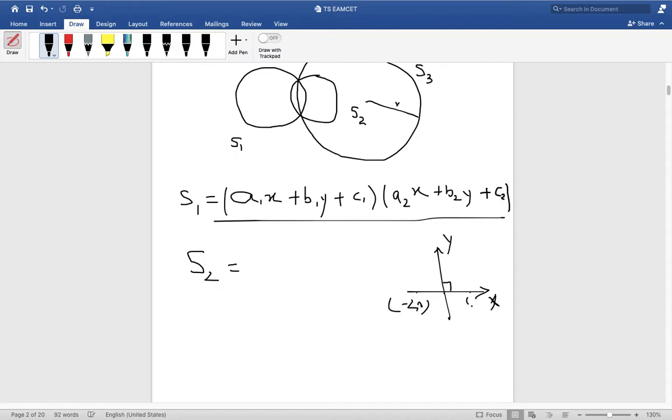This point may be 2, 0. So the y coordinate on all the points lying on the x-axis is 0. So in a way, the x-axis can be represented by the line y equals 0, and the y-axis can be represented similarly as x equals 0. Since I am saying curve S2 is a pair of straight lines which consists of the coordinate axes, I can write S2 as xy.